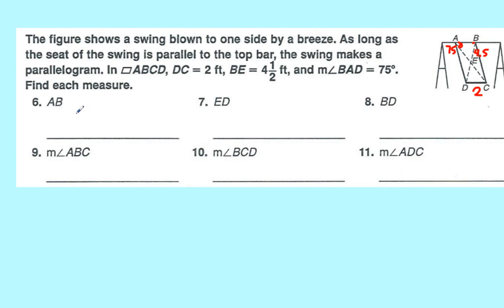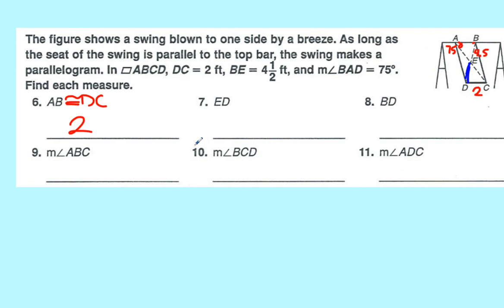So AB, well, if it's a parallelogram, we know that opposite sides are congruent, so AB has to be the same as DC. And if DC is 2, then AB has to be 2 as well. Okay. ED, this length here. How can we find that out?